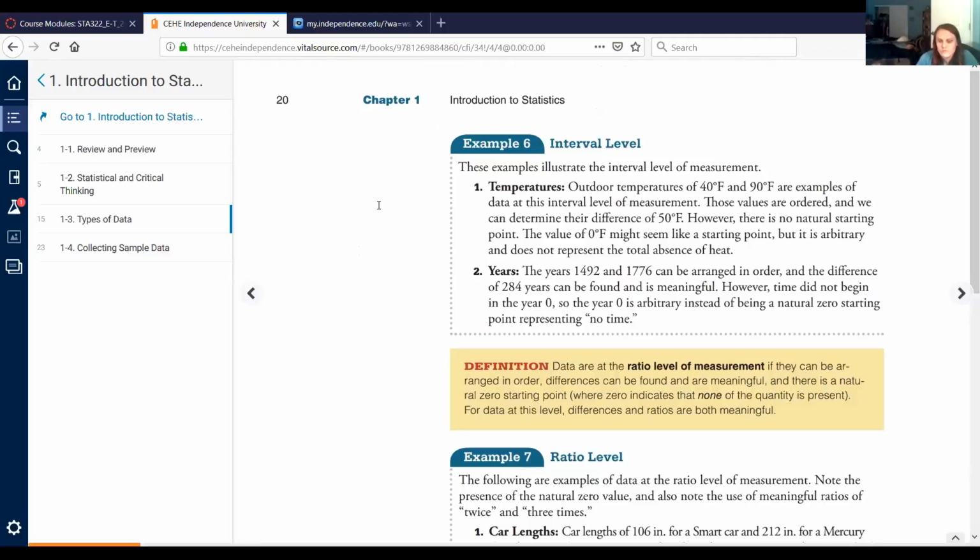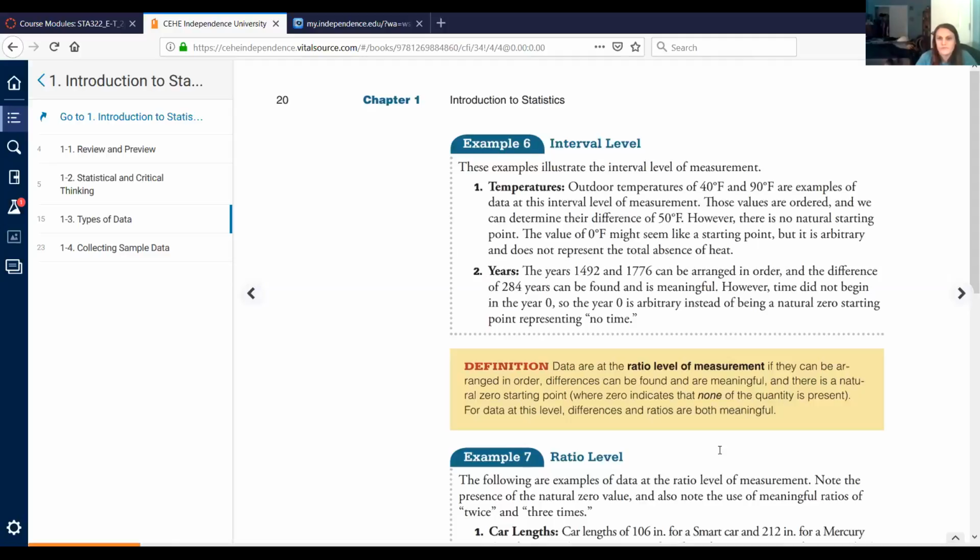We know that the difference is 50 degrees, but there's really no natural starting point, because 0 Fahrenheit is just an arbitrary number and does not represent a point at which there is no heat. Same with years. 1919 and 2019 obviously are different. There's a 100-year difference, but there is no year 0. So this is what makes them interval data. There is no 0 starting point.